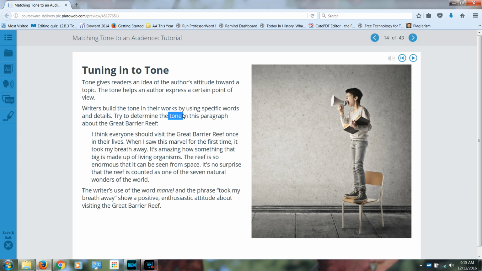Okay, tone will give you the author's attitude. And how they do that is they will use particular words. If the author wants to sound very intelligent, he's not going to use a phrase such as I make the cake or I made the grade.